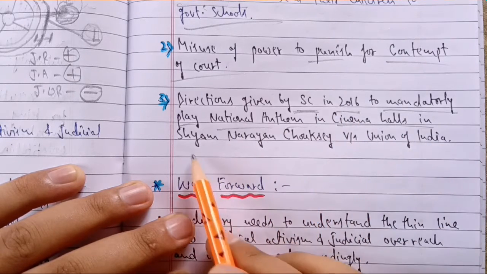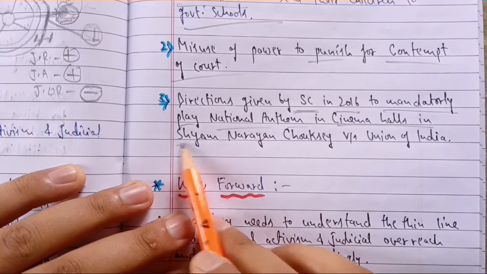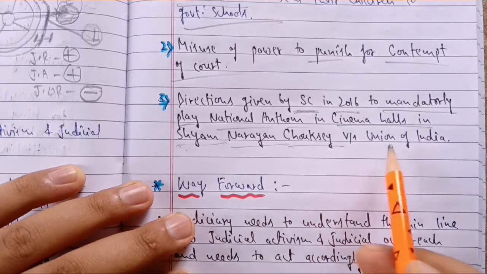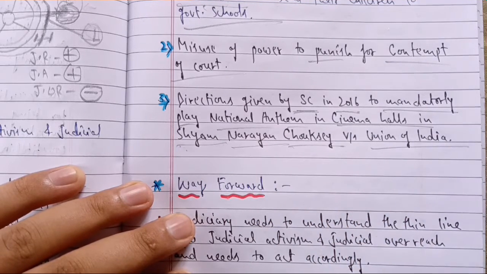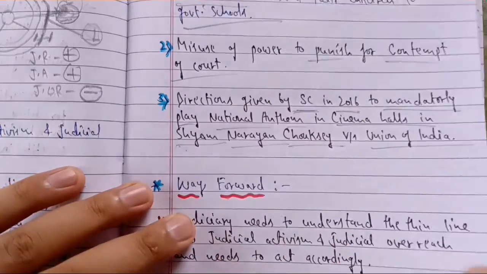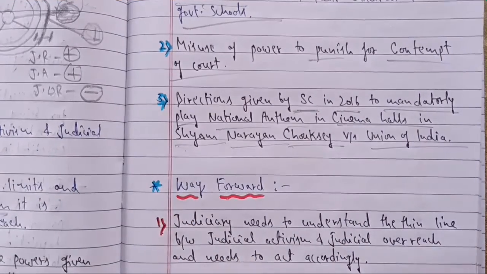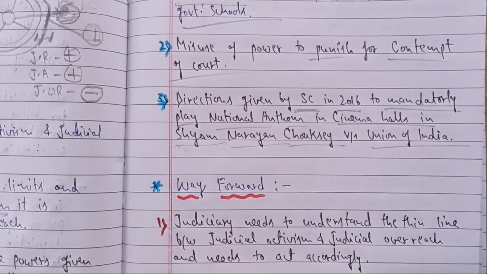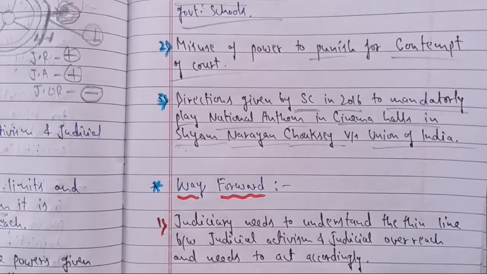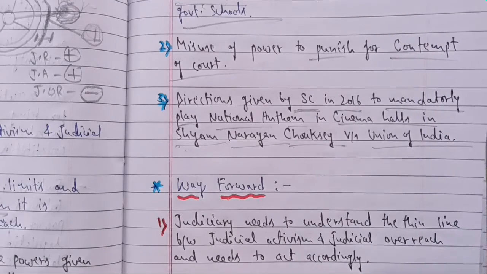And this case was between Shyam Narayan Chouksey versus Union of India, or we can say the Government of India. So these are not, I would say, the domain and functioning zones of the judiciary. So they should not waste their time, energy and power.